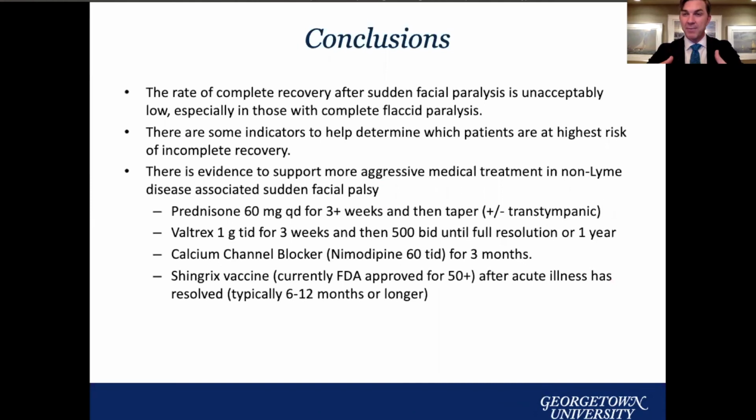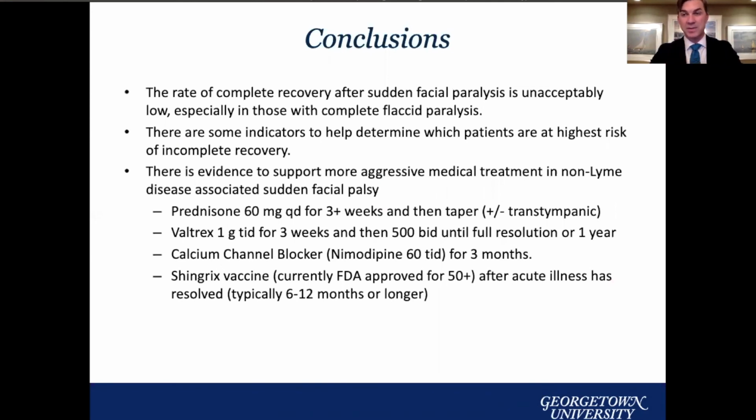Well, there's evidence, as I assembled here, which is spotty, admittedly, but is founded in science and good studies, that indicates that in non-Lyme disease associated facial palsy, which really is a different condition, but once Lyme disease is involved, steroids are actually counterproductive. But in non-Lyme disease associated facial palsy, prednisone treatment for 3+ weeks is reasonable.